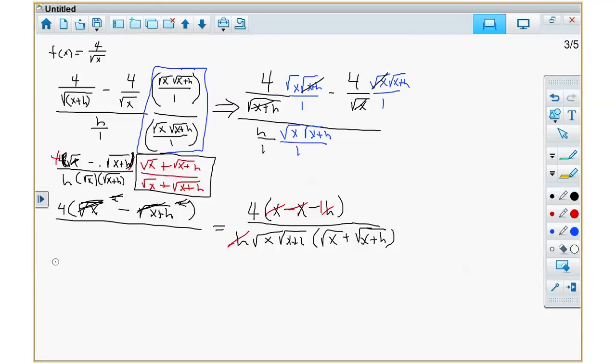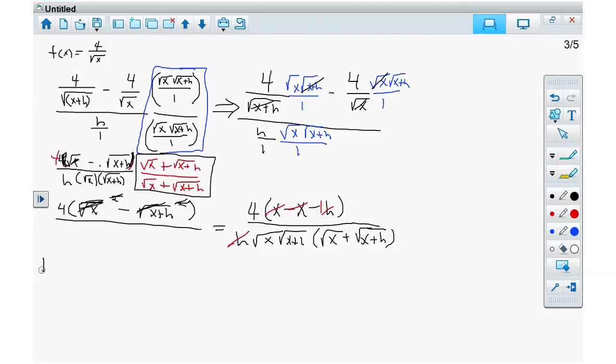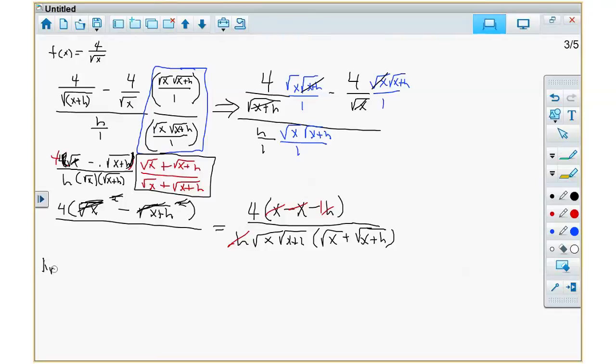Now we apply the limit. Limit as h approaches 0. On top you have 4 times negative 1, so you have negative 4. Leave the h for a second.